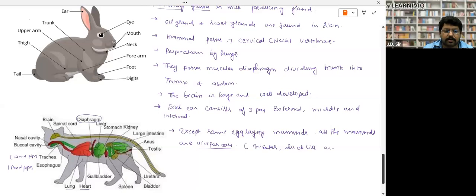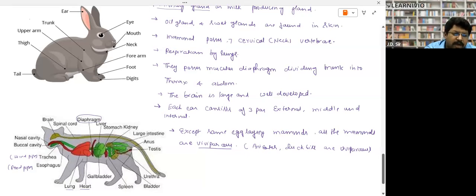Platypus is also duckbill. Either you call it duckbill or you call it platypus, they are the same. So they are oviparous. That's why Australia is known as the half-developed continent, right? Rest all the mammals are viviparous.